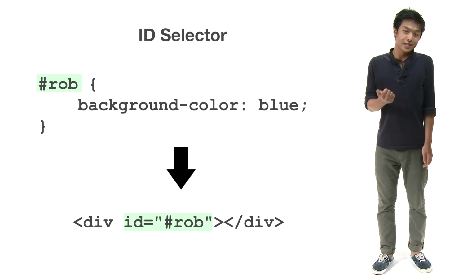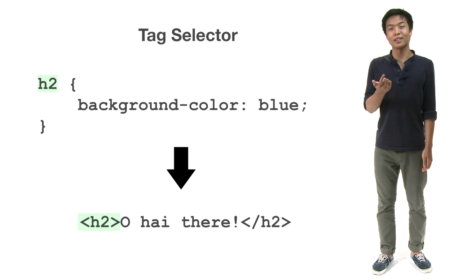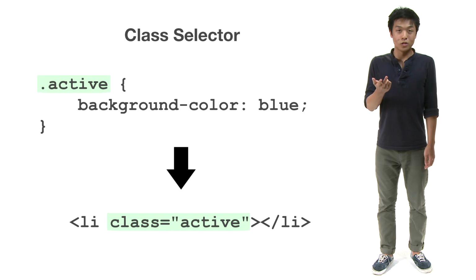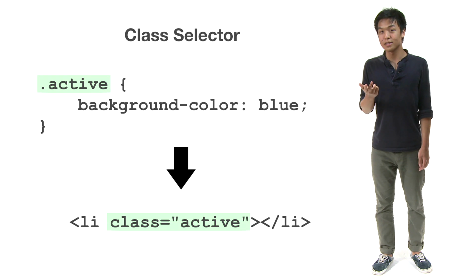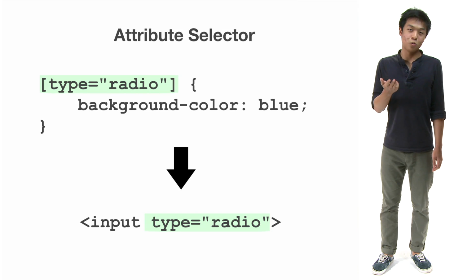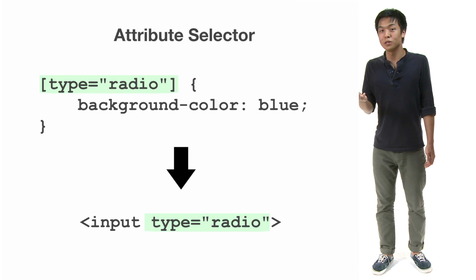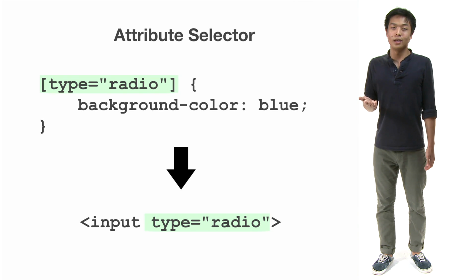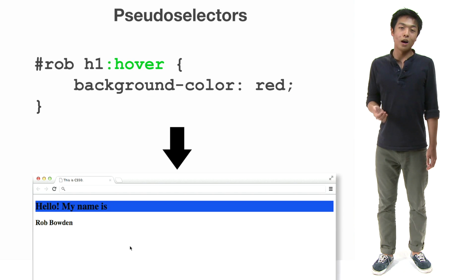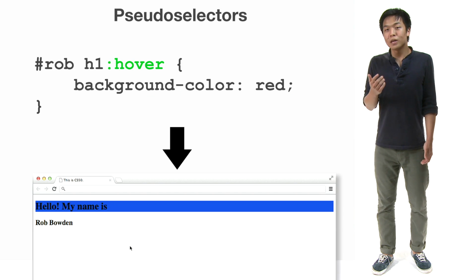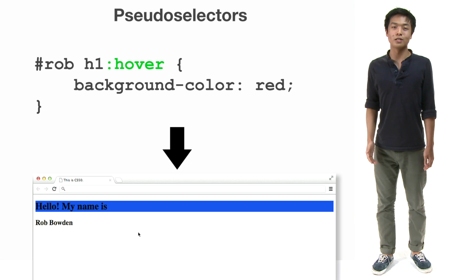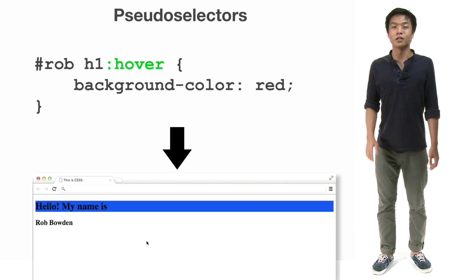In case you're wondering, the simple selectors include ID selectors and tag selectors like the ones we just saw, as well as class selectors for selecting elements with a certain class, attribute selectors for selecting elements by other attributes like type equals radio for radio button inputs, and pseudo selectors like hover and focus for specifying styling when interactions like mousing over an element occur.